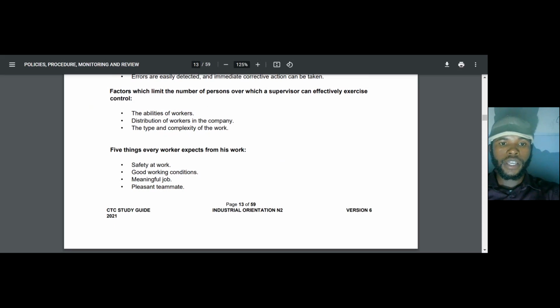Now, five things every worker expects from his work. We've got safety at work, good working conditions, a meaningful job, and pleasant teammates. That means you must also be able to work as a team, and work under good conditions.